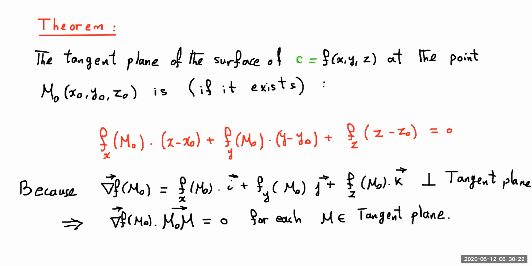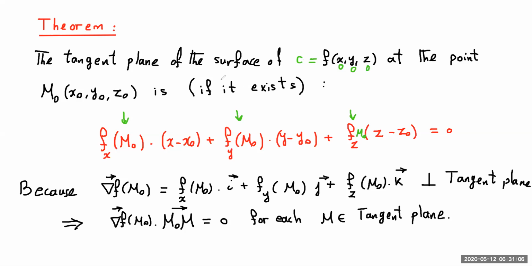Any function equal to a constant is a surface in the space R3. So this is the tangent plane at a given point M0 (x0, y0, z0), if the tangent plane exists, and this means if the partial derivatives at the point M0 exist. The point M0 must be on the surface, so if I put x0, y0, z0, then f at this point will be the constant c.